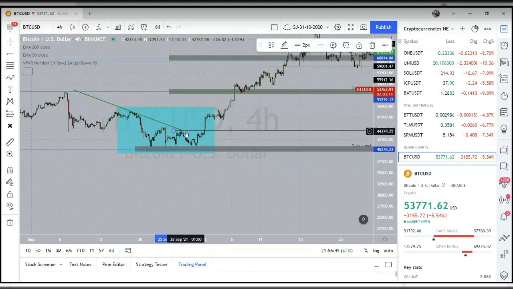So what we would have been looking for is placing our orders around here. If you felt that this was the area that was going to hold after this dip, place your orders here.